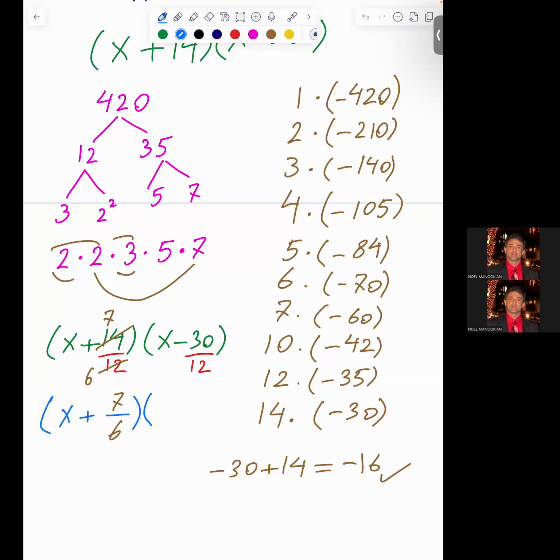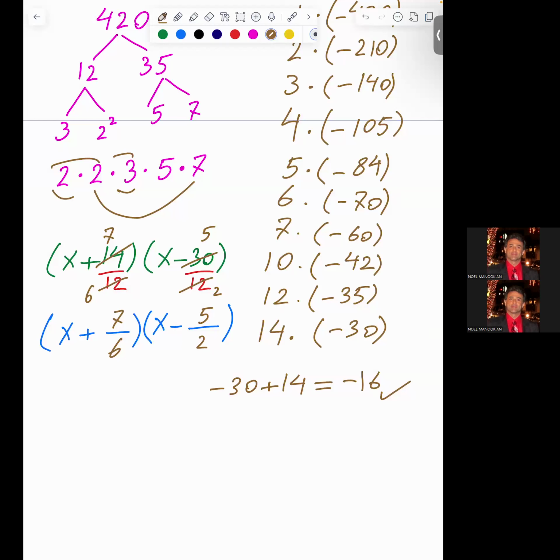And then the second one, x minus. So you have 30 and 12. You can divide by 6. 30 divided by 6, 5. 12 divided by 6, 2. So you're going to get 5 halves.